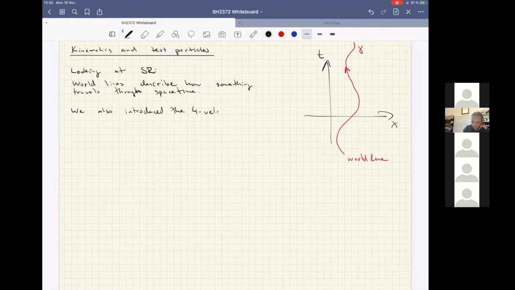The 4 velocity is the tangent of the world line. But it's not only the tangent, it is the normalized tangent.